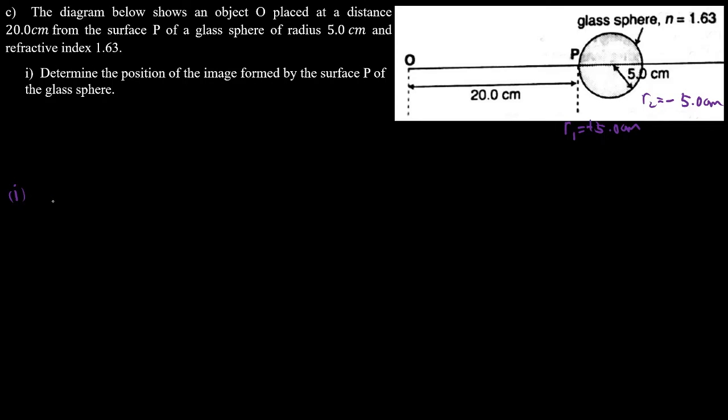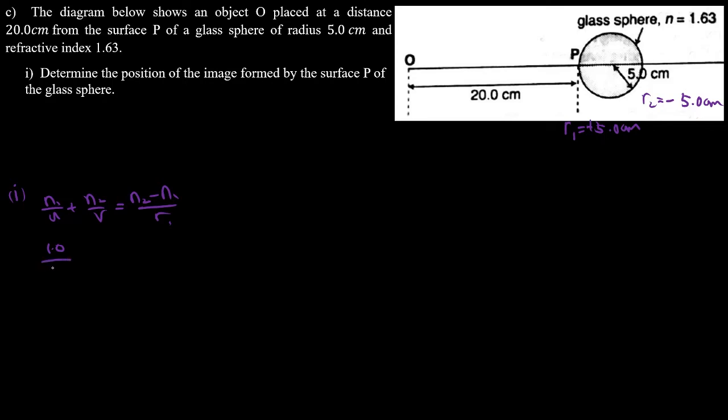So using the refraction equation, you have n1 over u plus n2 over v equal to n2 minus n1 over r. This one is R1 because of the surface P. So n1 is the refractive index of your surroundings. You have 1.0 because it doesn't mention any medium, so we assume that it is air.